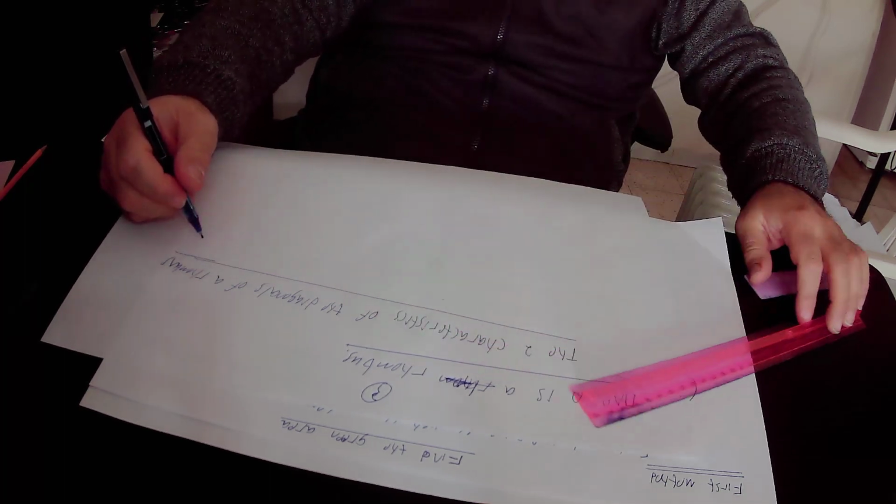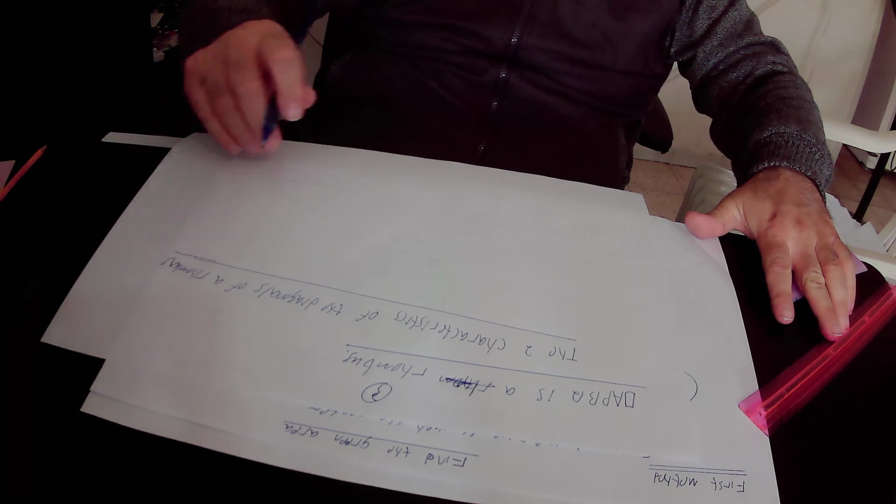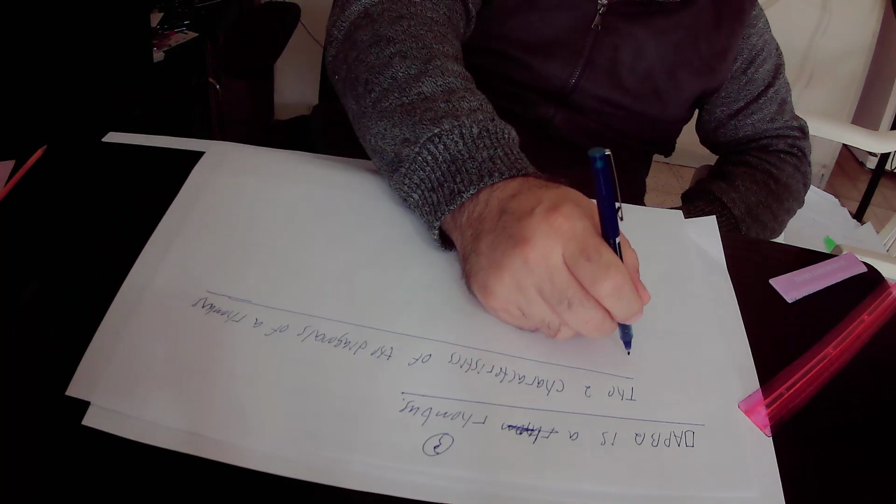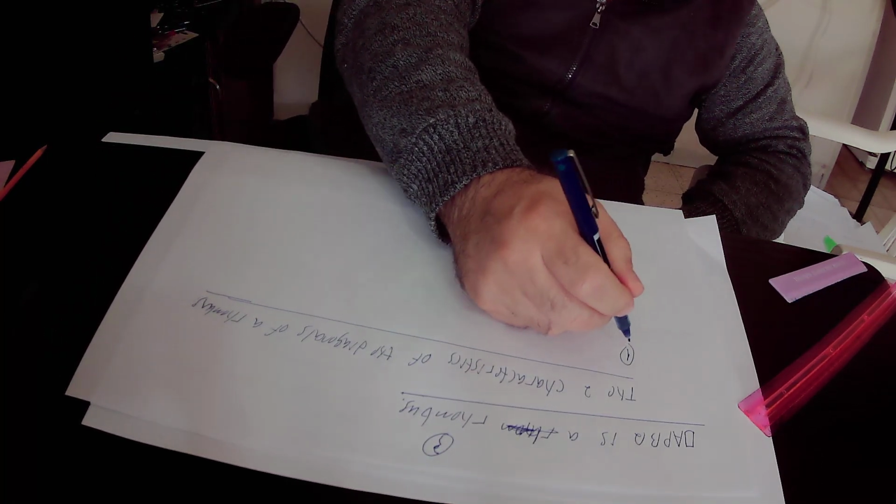The first characteristic of the diagonals of a rhombus is that they are perpendicular to each other.